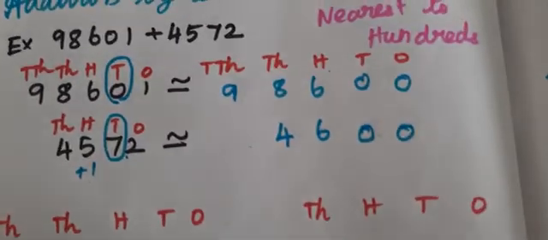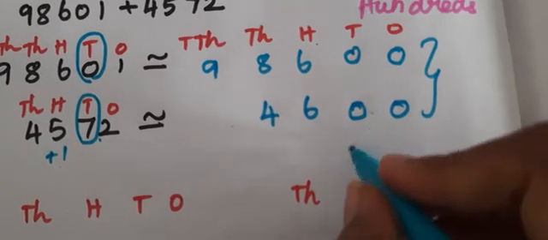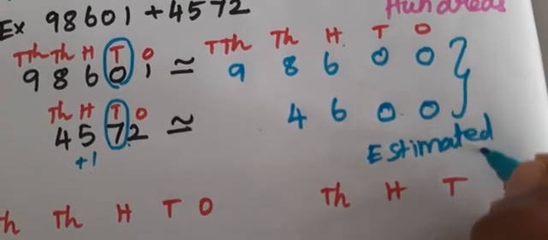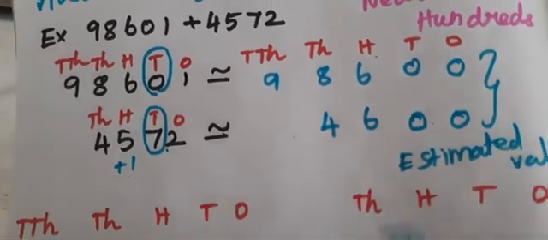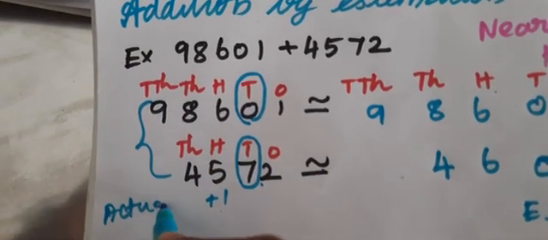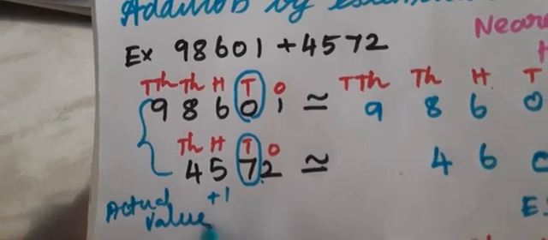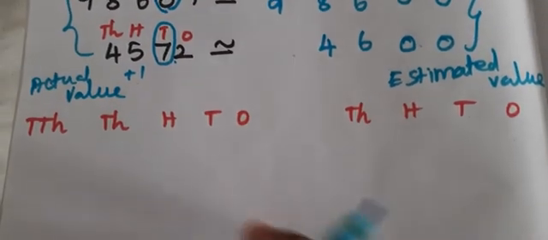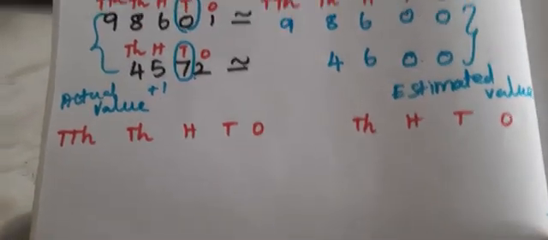Now this number we call the estimated value, and this one we call the actual value. Now I am going to arrange the actual value and estimated value column wise.